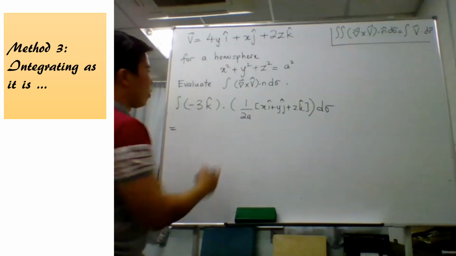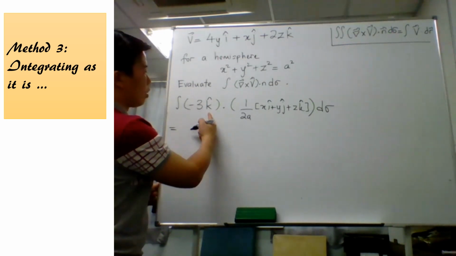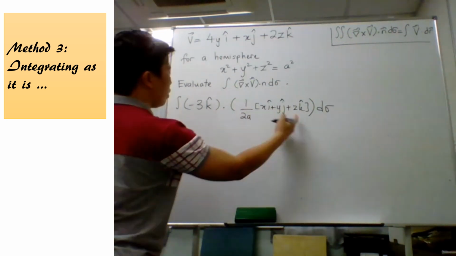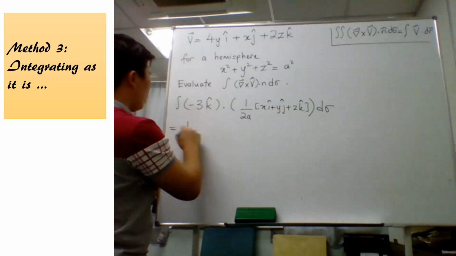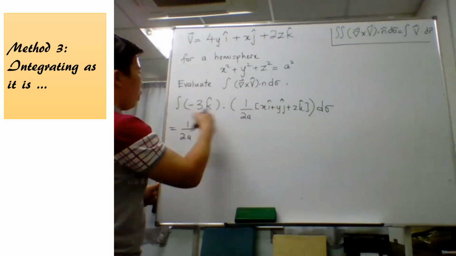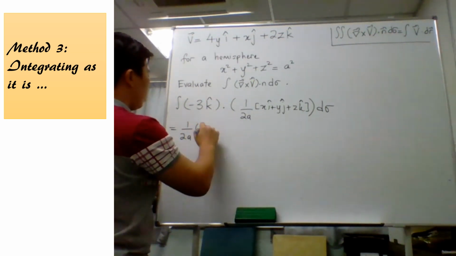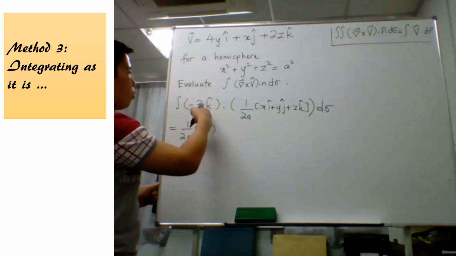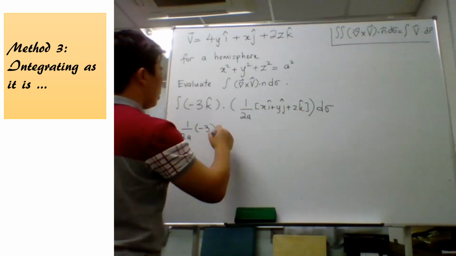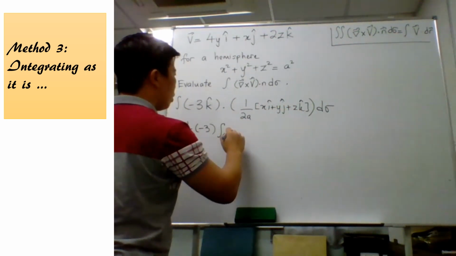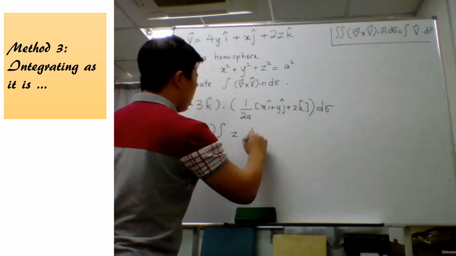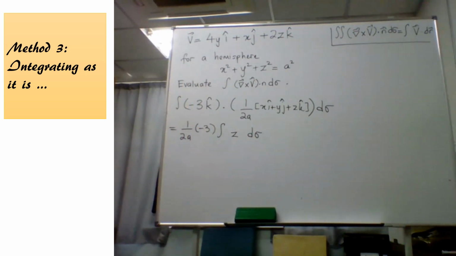So here you just have to look at the k component. You have 1 over 2a, you can remove it, and this is going to be negative 3. So k dot k, and here you have the integral of z d sigma.